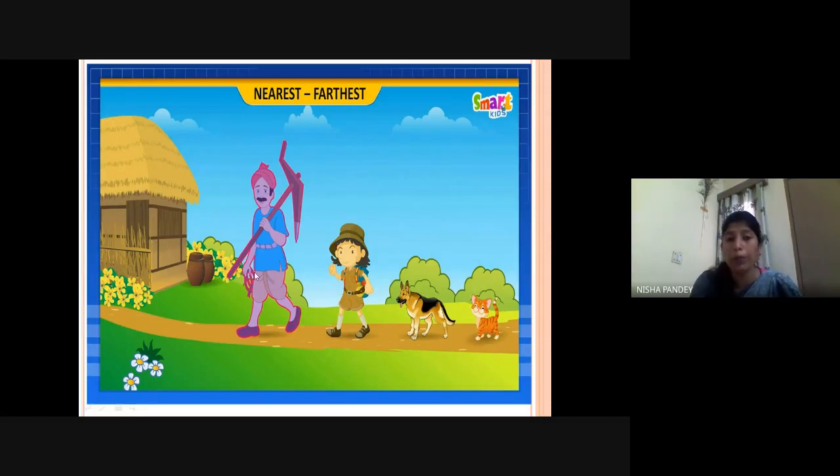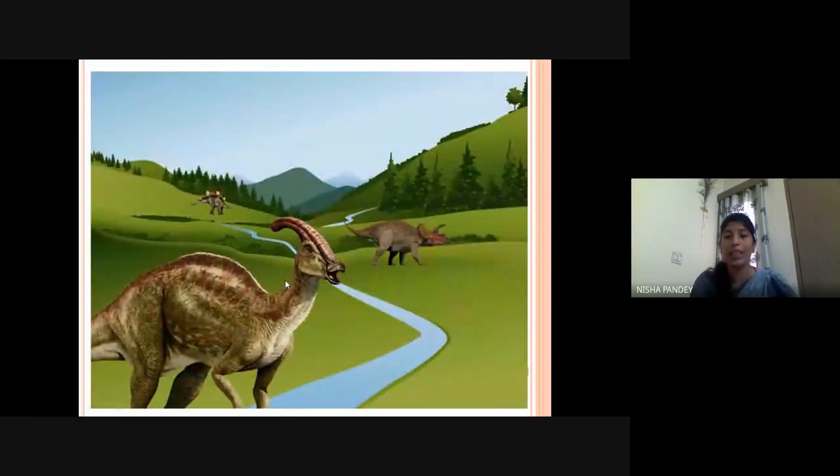Okay, let's see another slide. What can you see here? Dinosaurs. Yes, so there are three dinosaurs, and this one is looking quite big. Why is it looking quite big? Because it is close to us, it is nearest to us. And we say nearest and farthest when there are more than two objects.